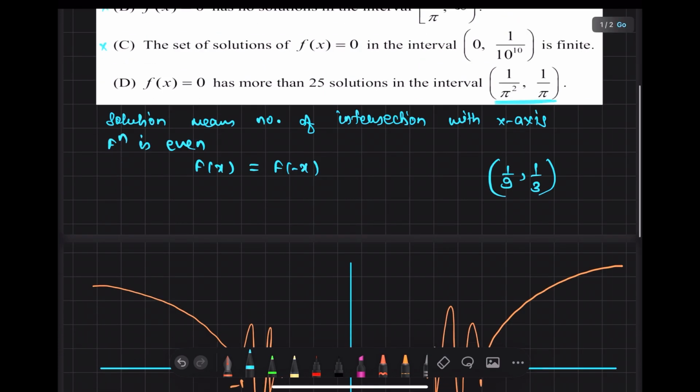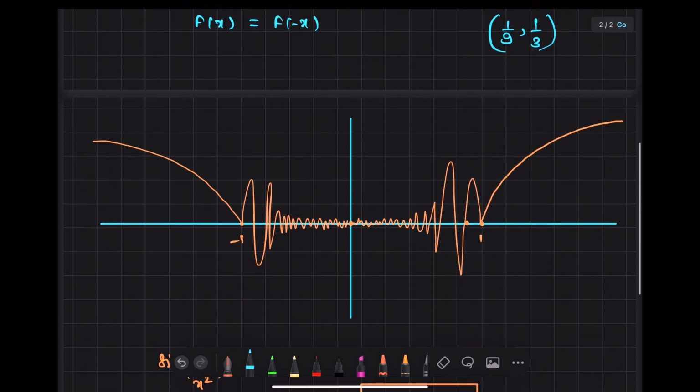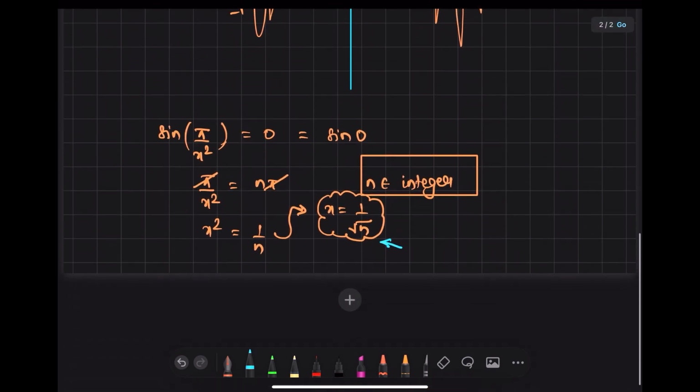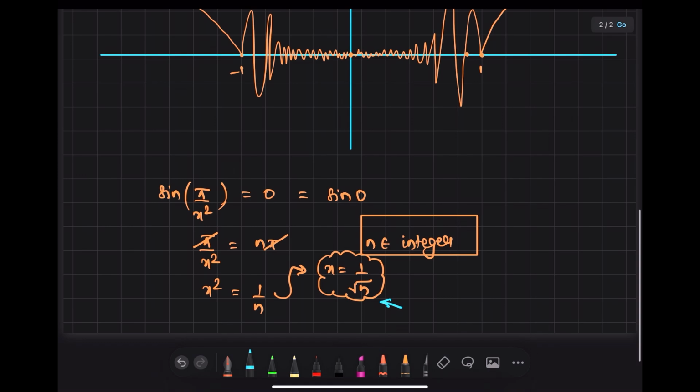We will find the number of n's. 1 by 9 is x. They are saying that x will range from 1 by 9 to 1 by 3. I am taking an approximate value, it's not accurate. And you know that x is 1 by root n.